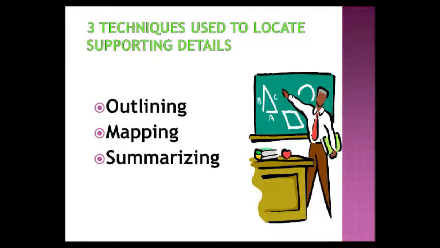Most instructors require that you have an outline before you can turn it in. And then we have mapping. Mapping is kind of like brainstorming. And I'll give you a definition for each one of these. And summarizing is just kind of the way it sounds, but there are a few more steps to it. So I'll break each one of these down, show you an example, and give you a definition for them as well.